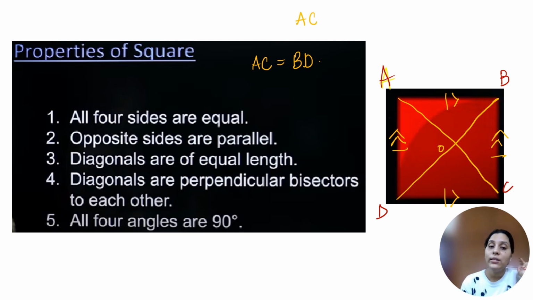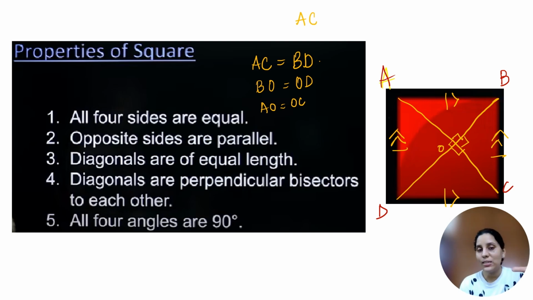And diagonals are perpendicular bisectors to each other. They are perpendicular as well as bisectors. That means the diagonals are divided into two equal parts. So BO is equal to DO and AO is equal to OC. This is about the diagonal properties.